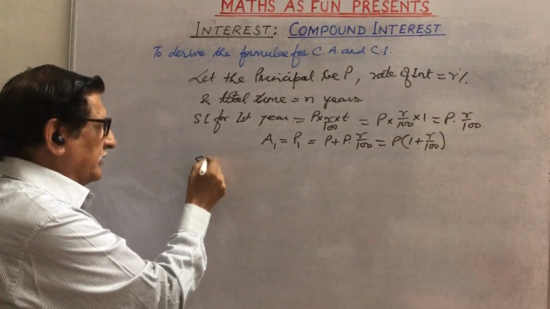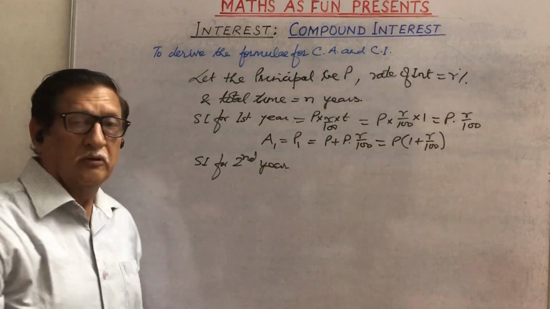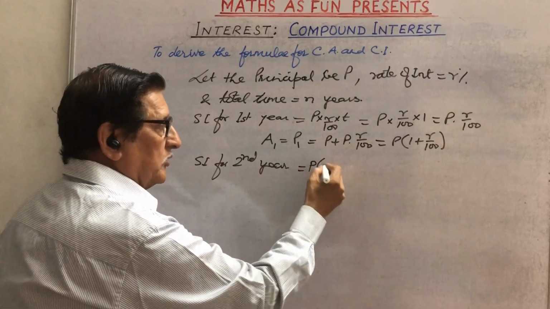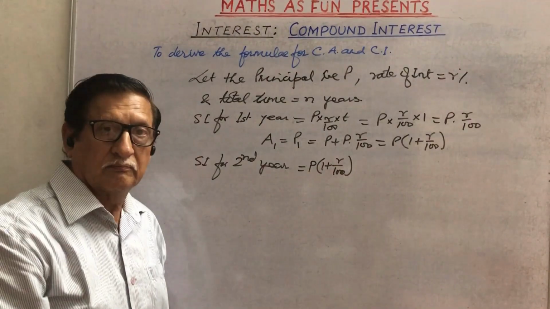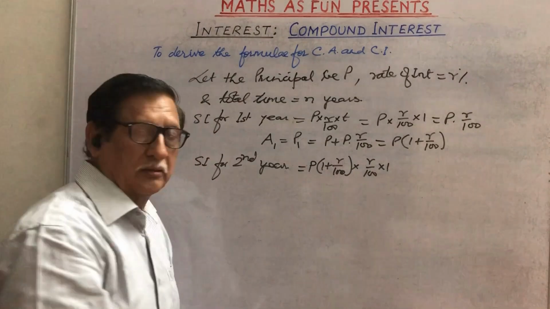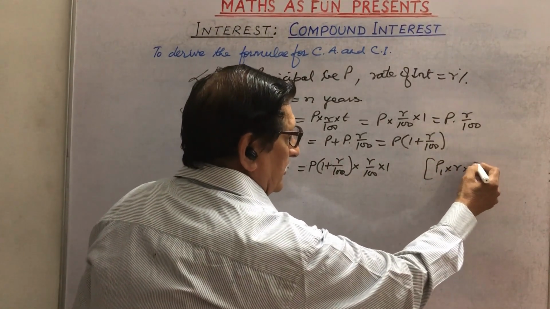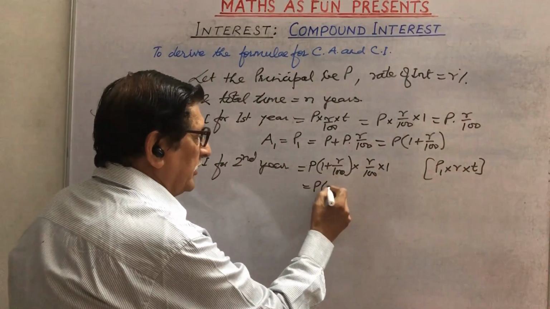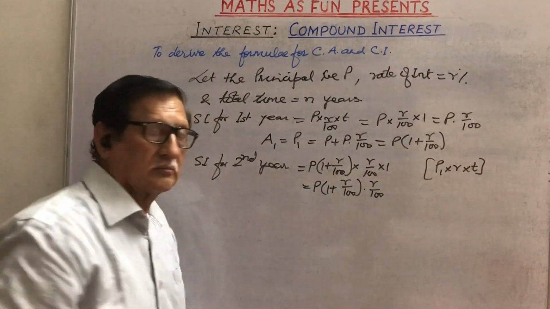So simple interest for the second year will be equal to P into 1 plus R upon 100, because this is the principal, into rate R upon 100 into 1. We can write this as P1 into R into T, which is equal to P into 1 plus R upon 100 into R upon 100.